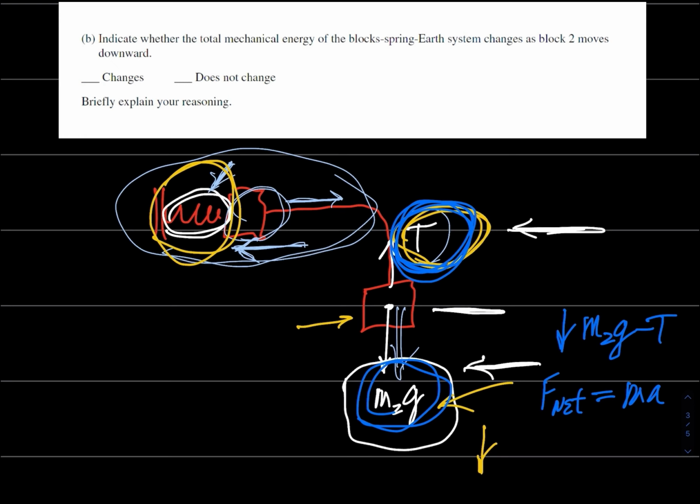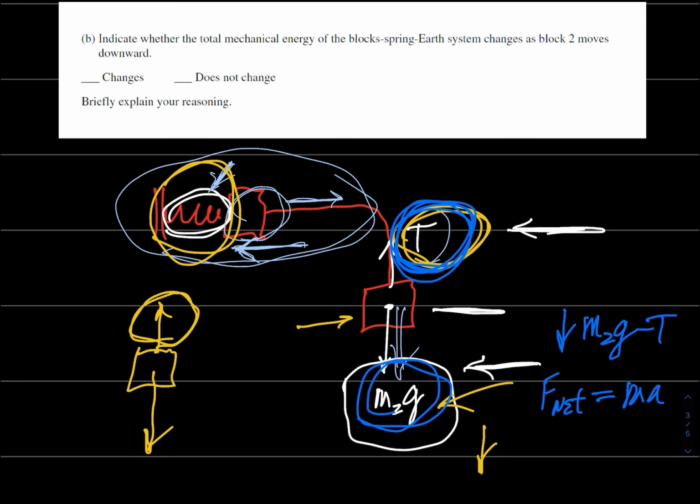Then they had a special note. They said the point is not earned if the spring force is explicitly stated to be a force directly acting on block number 2. They don't want you to say that if here's block number 2, this is gravity and this is the spring, because this is the tension in the string.